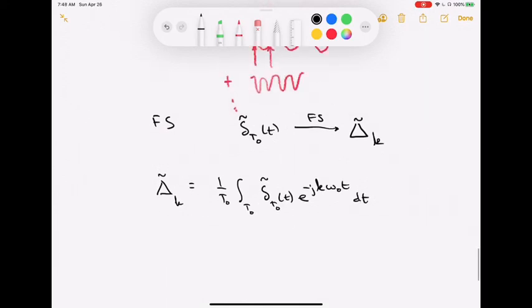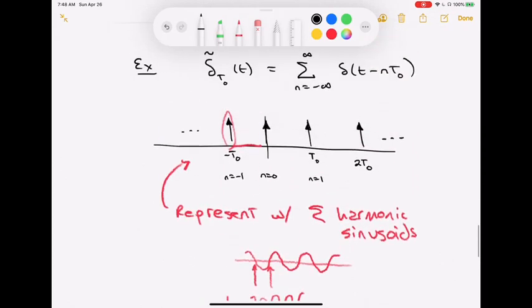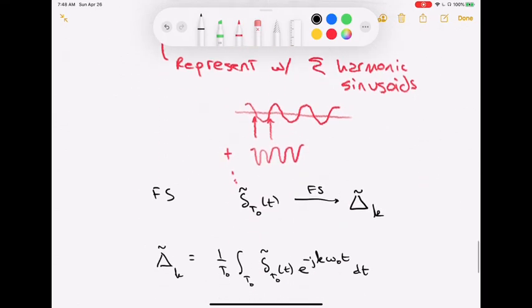Let's go back to the waveform. I get to choose what period I integrate over, and I'm going to pick going from minus T naught over 2 to T naught over 2, something along those lines. So if I take a look at this particular one, I'm going to go from minus T naught over 2 to T naught over 2, and I'm going to integrate my delta T naught over that. And what you can see is that there's just a single delta function on that.